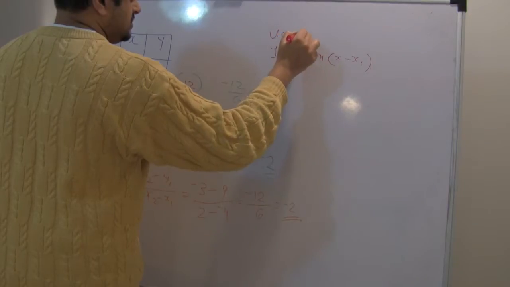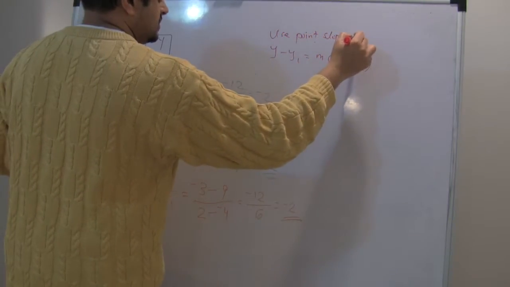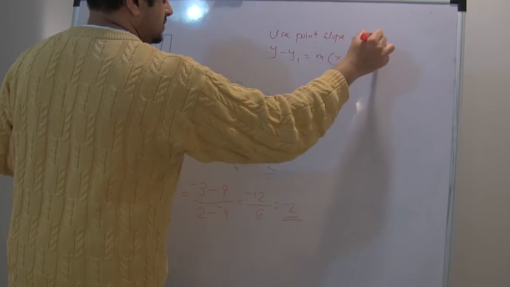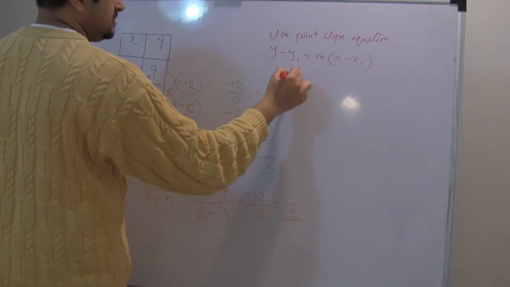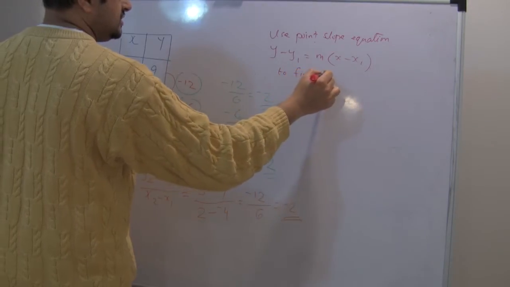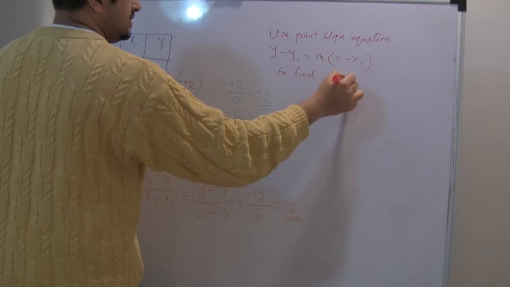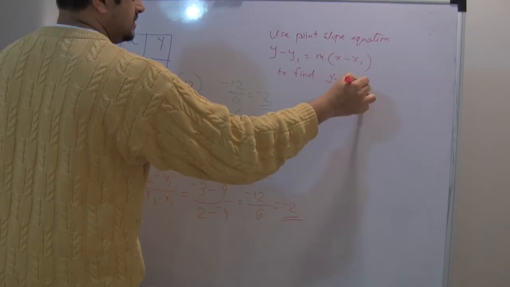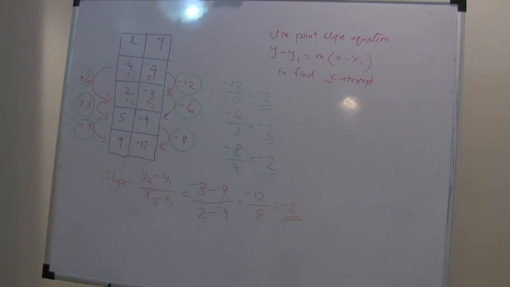Okay, step number 4. Use point slope equation, which is this one, to find y-intercept. Okay, that's step number 4.